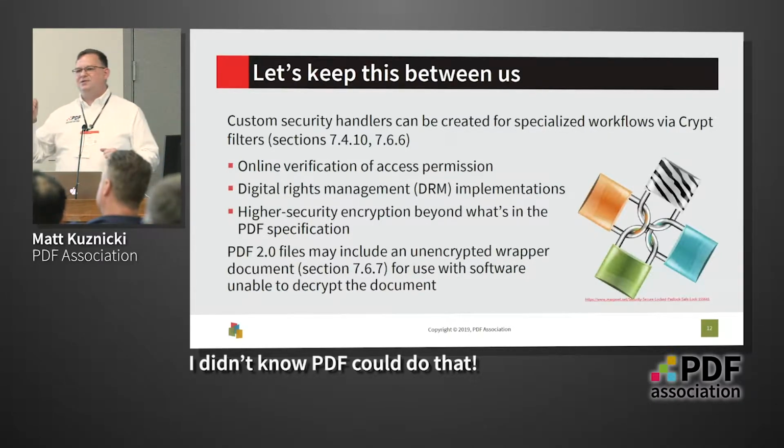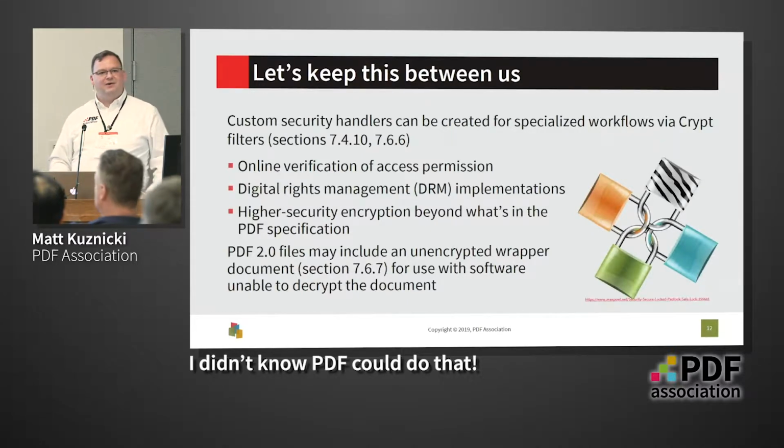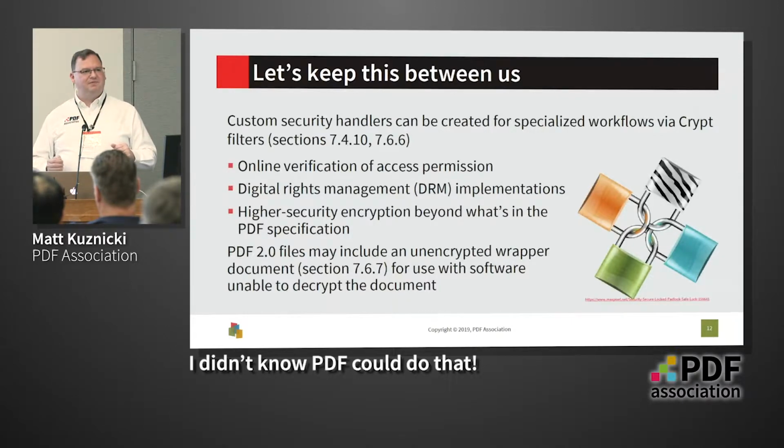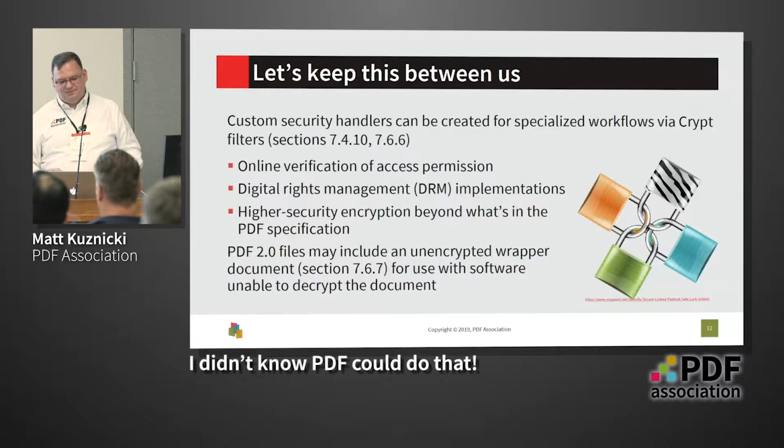This allows workflows such as online access checking, such as digital rights management built into PDFs, allows, for example, storing thumbnail images on a PDF page and requiring authentication to see a high-resolution version of those.